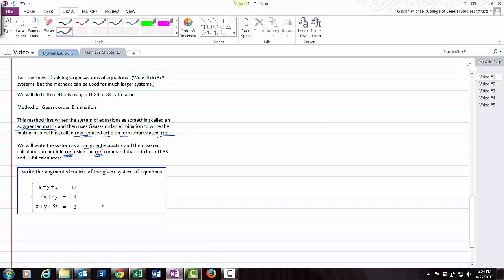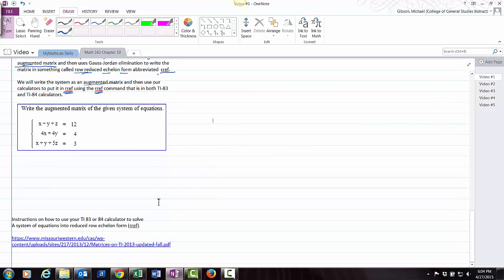Okay, so the first step is to take a system and write it in the augmented matrix form, which is pretty simple once you see it. Like for example, here's a system right here. All we're going to do really is write down all of the coefficients on one side, and then a vertical bar where the equal signs go, and then the constants, right?